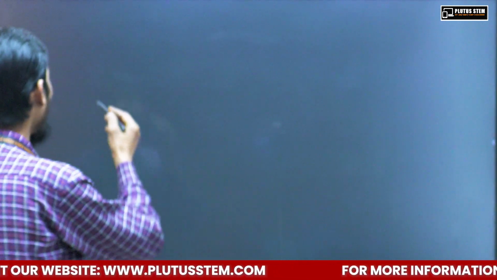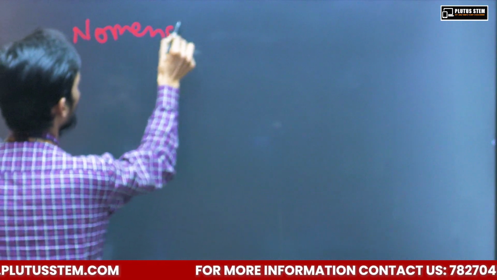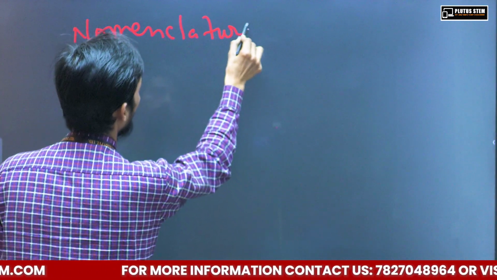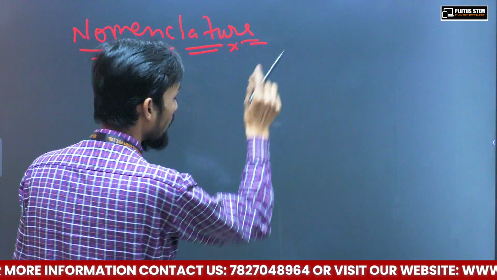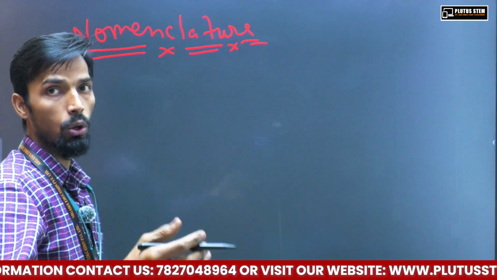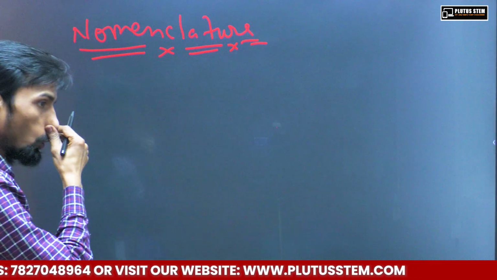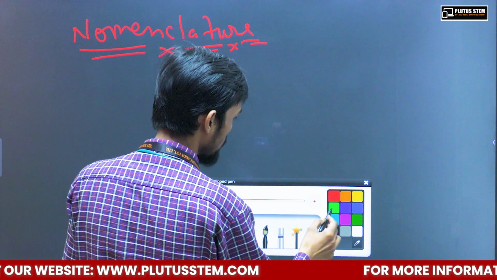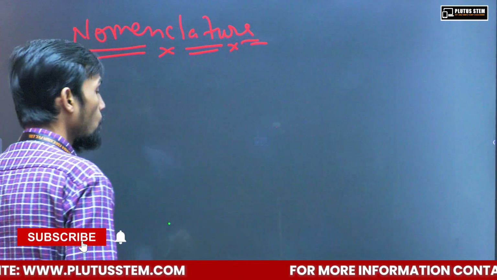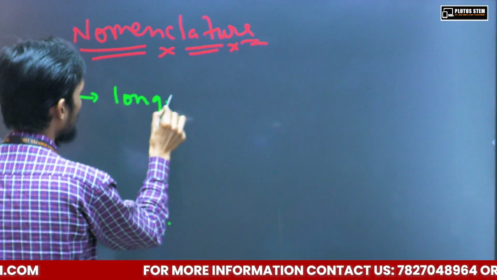So now we are going to see that. I was just telling we will discuss a bit regarding the nomenclature also. In the nomenclature, we are going to discuss different types like monohalogen, dihalogen, trihalogen and tetrahalogen. That thing is remaining. We will discuss a bit regarding the nomenclature, because we have discussed this in quite detail in class 11. So what we are going to see over here, firstly we have to select the longest chain.